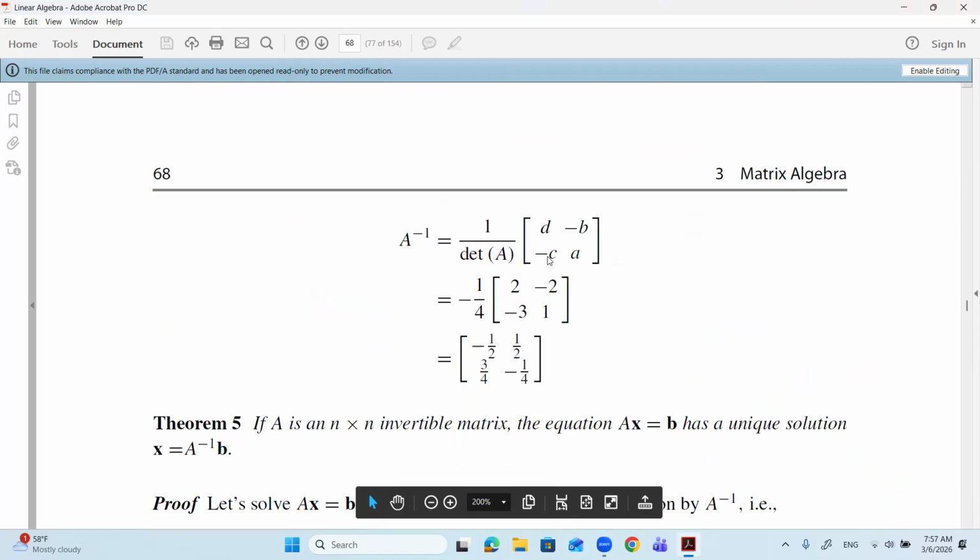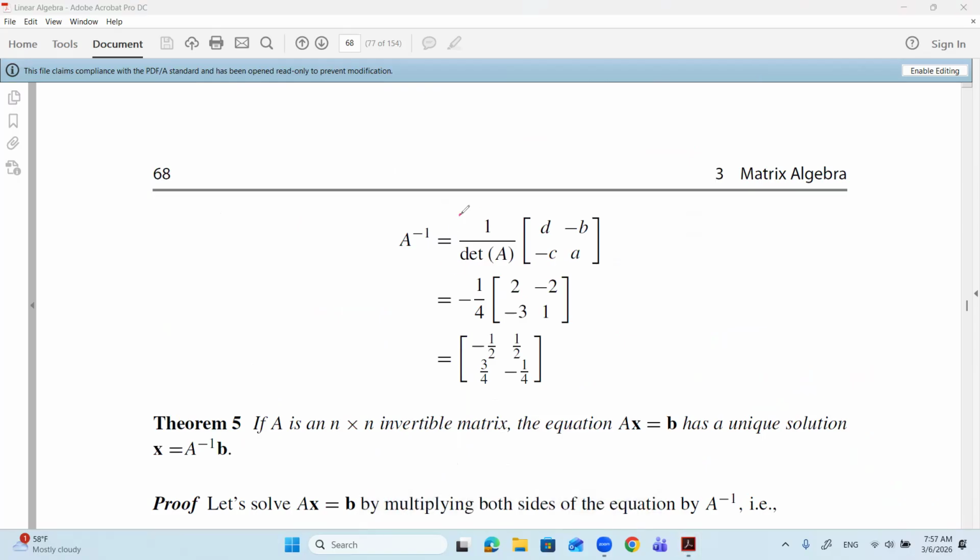So here is the inverse for this given A. After we apply the theorem, we found the determinant is -4. So 1 over -4 is -1/4, times this matrix, then each entry times -1/4. That is the scalar multiple of a matrix.